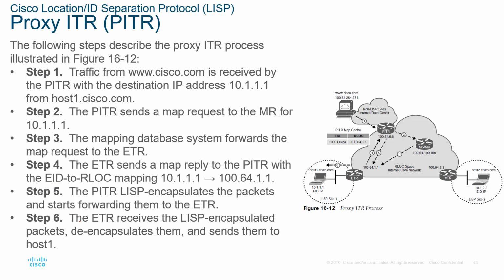The ETR will send a map reply to the proxy ITRs with the appropriate EID to RLOC mappings. The proxy ITR's LISP encapsulation will encapsulate the packet and it will start forwarding them to the appropriate ETRs. Lastly, the ETR will receive the LISP encapsulated packets and will de-encapsulate them and send them back to our host accordingly.